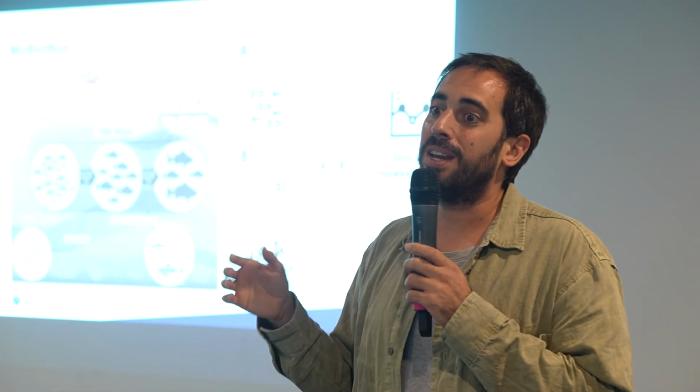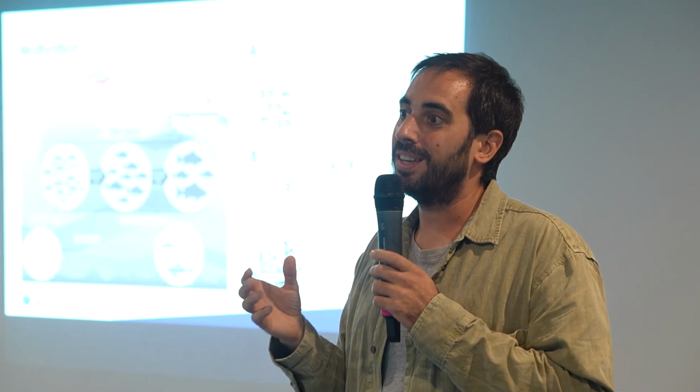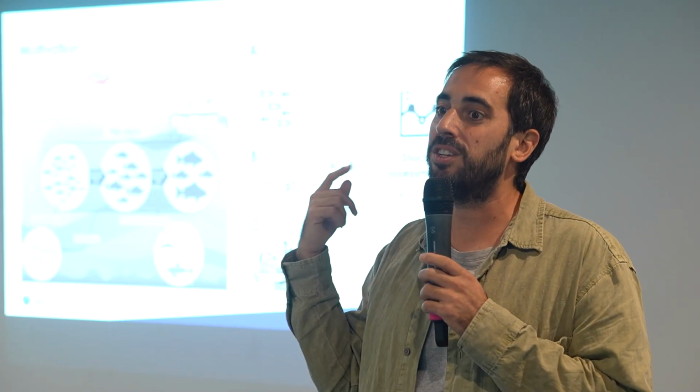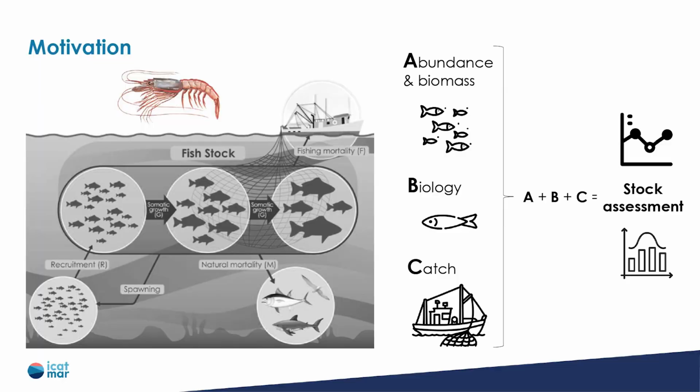So our goal at ICATMAR is quantifying all that. We want to know how many shrimps are out there in the sea. We do experimental campaigns, experimental fishing, in order to know how many shrimps are out there.